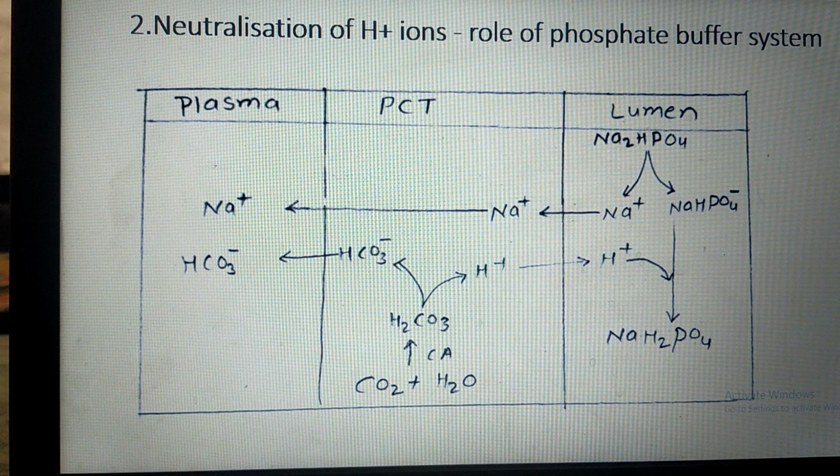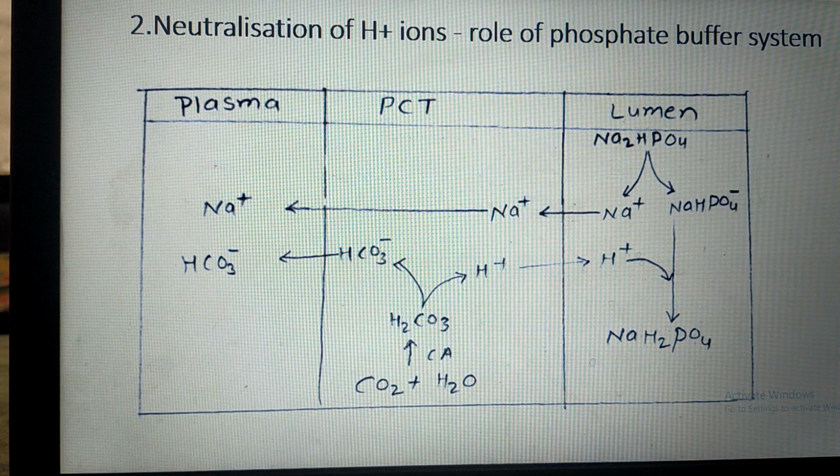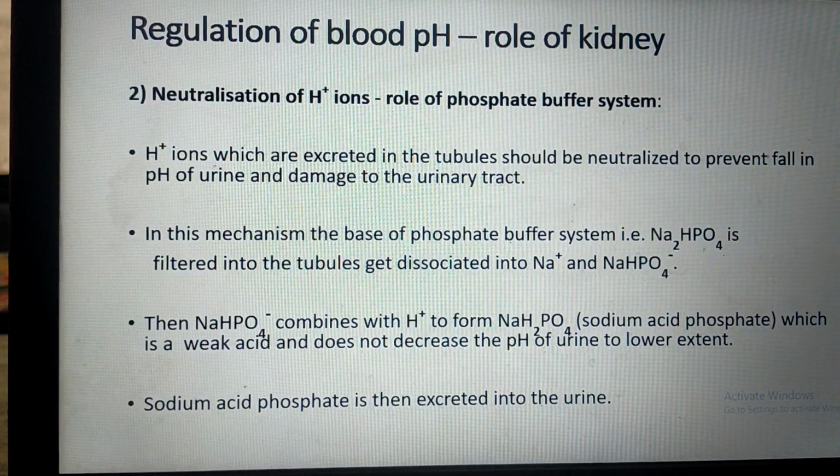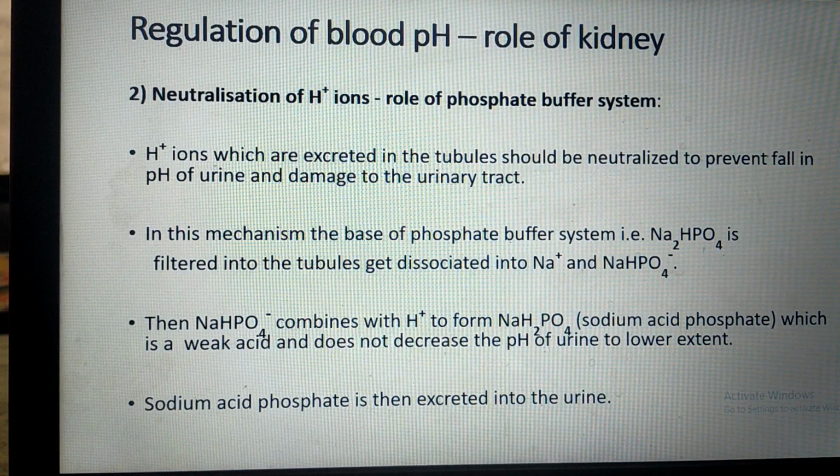So in this way, the H plus ions which are entering into the tubule are neutralized by the phosphate buffer system. The same is written here. In this mechanism, the base of the phosphate buffer system, that is Na2HPO4, is filtered through the filter and enters into the tubules, and gets dissociated into sodium cation and NaHPO4 anion.